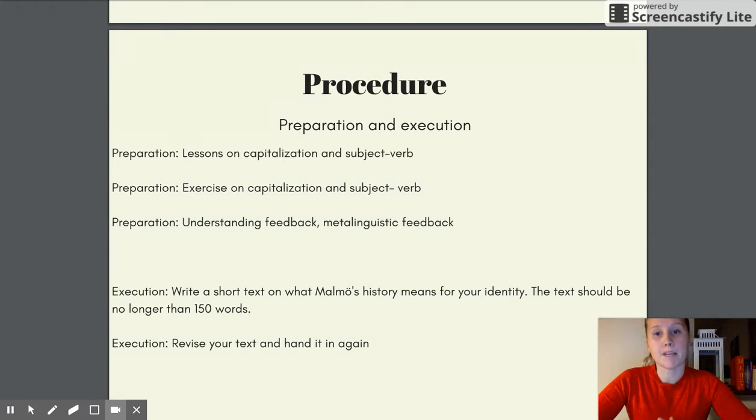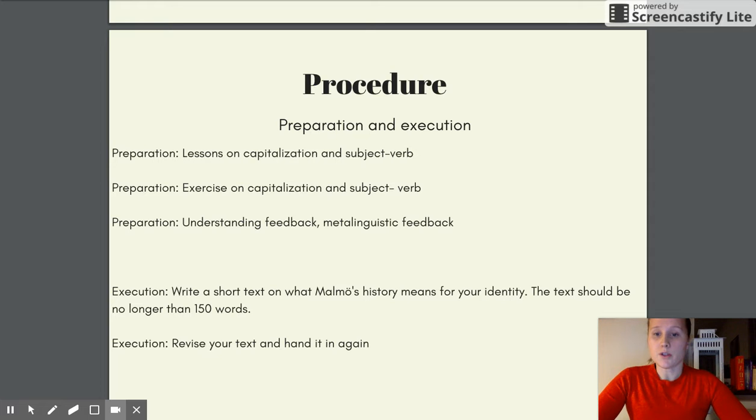So I kept it very simple. Then they also got the opportunity to do an exercise on capitalization and subject-verb agreement. Furthermore, I thought it was very important for them to understand the meta-linguistic feedback they received, if they received any. So I simply explained the use of meta-linguistic feedback I was going to give.